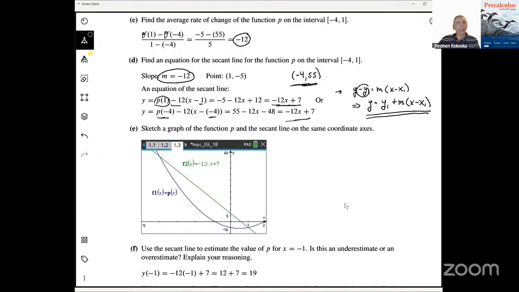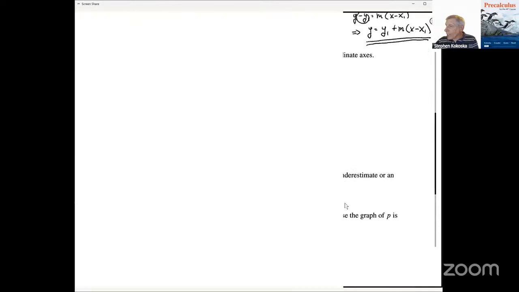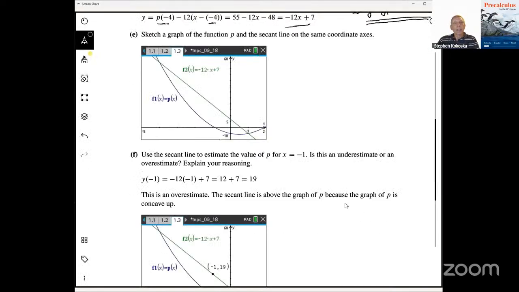In part E, we want to sketch a graph of the function p and the secant line on the same coordinate axes. Well, this is pretty easy to do on the TI-Nspire. I adjusted my x min and x max, y min and y max a little so that I could see the secant line and the graph of p.